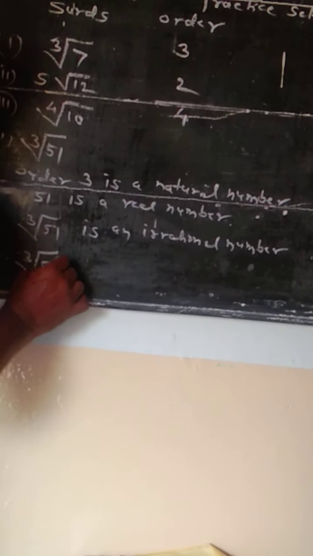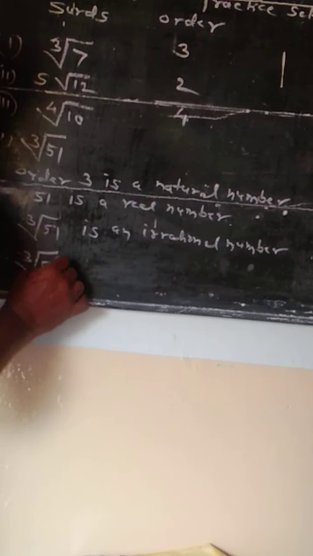So 4 times 3 is 12, 12 root 2. Now this surd is 12 root 2 and this surd is 7 root 2. The radicand is the same, the order is the same. Therefore, 4 root 18 and 7 root 2 are a pair of like surds.